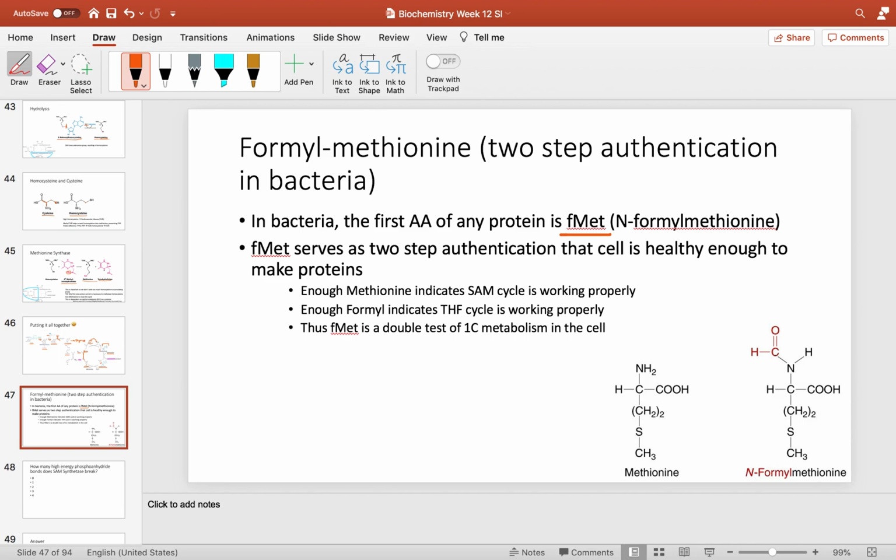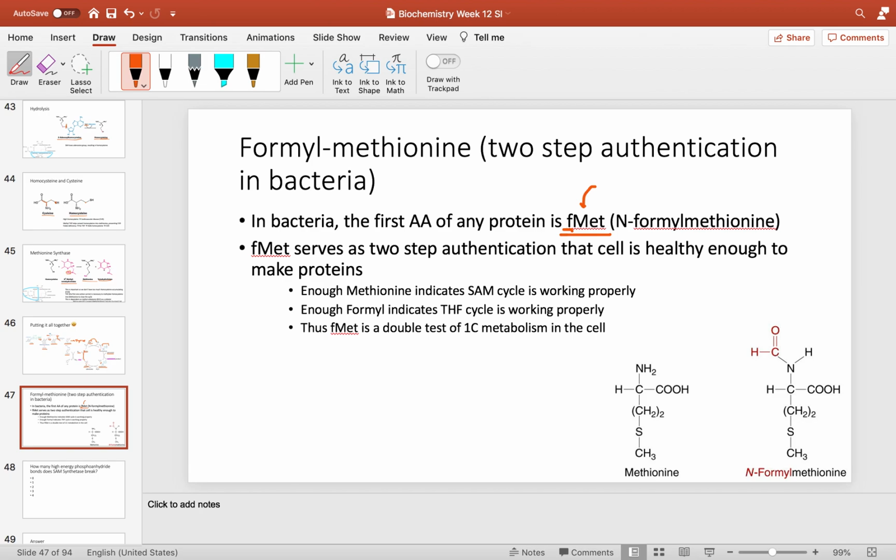So let's see how. In the first step, we know that, well, this is a methionine, right? A methionine amino acid, and methionine is a very important part of the SAM cycle, as we saw. So if there's enough methionine to produce F-met, then we know that the SAM cycle is working properly. So that's our first green light. The second green light is, oh, this F over here. That means formyl.